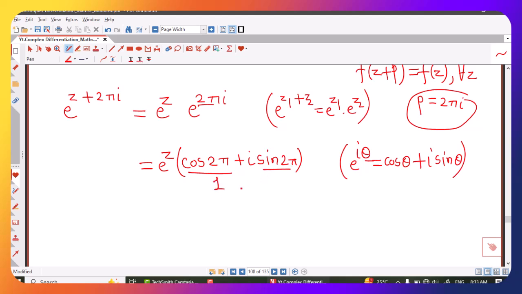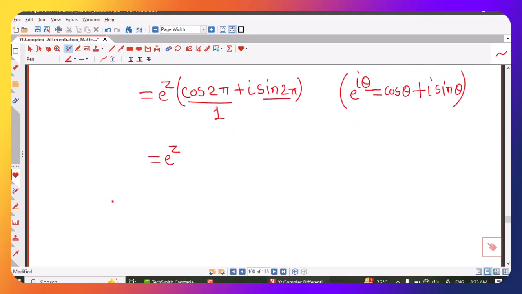So this is 1 plus 0I, that is 1, and we have e raised to z. So what we have shown is that if we consider e raised to z plus 2 pi I, then it is equal to e raised to z for all z.